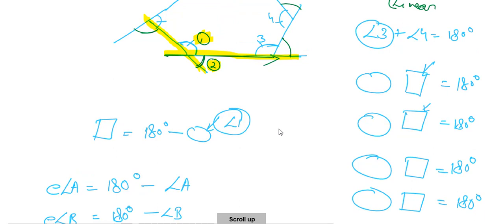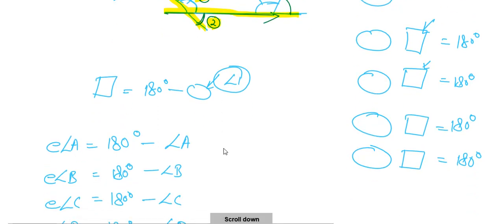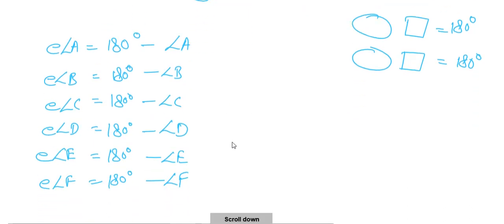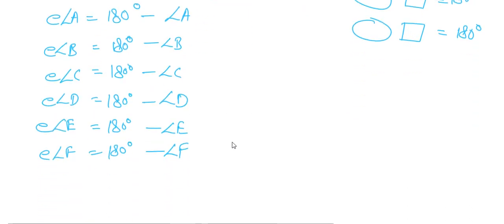So that was my question number 2. It would be interesting, I think. Now they are asking to find the measure of my external angles, these external angles which I have just found.